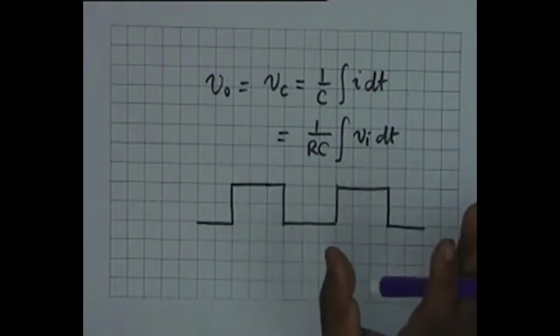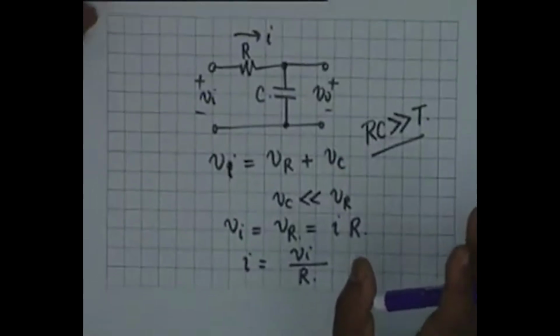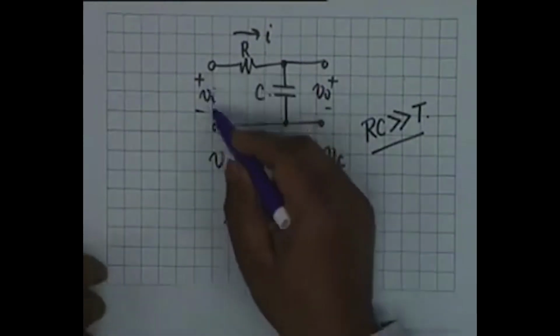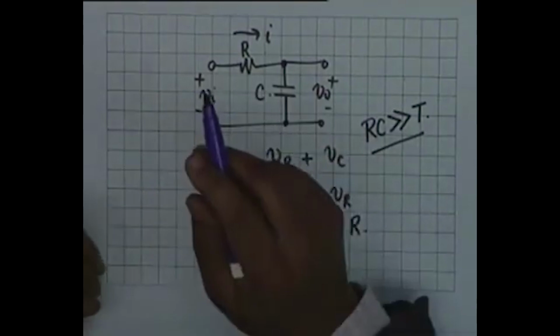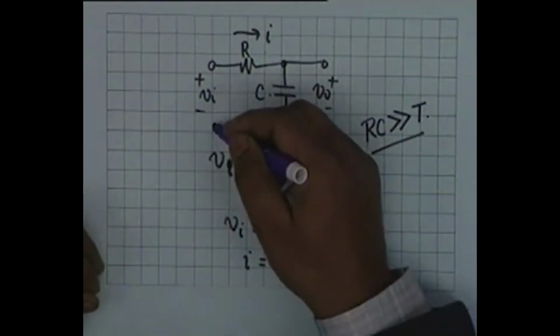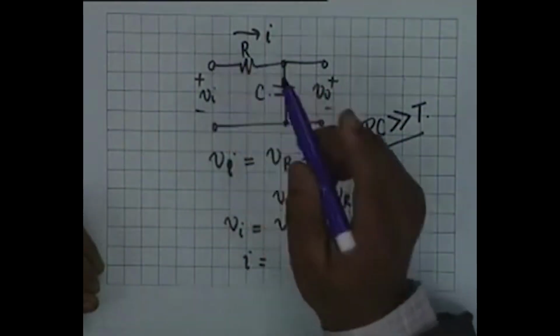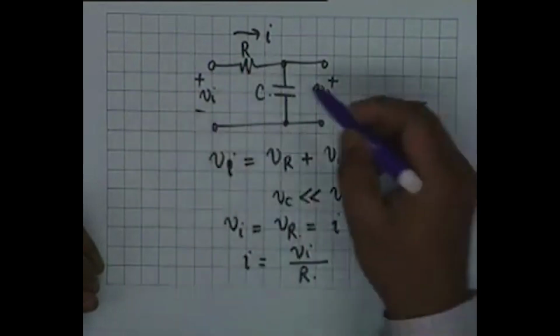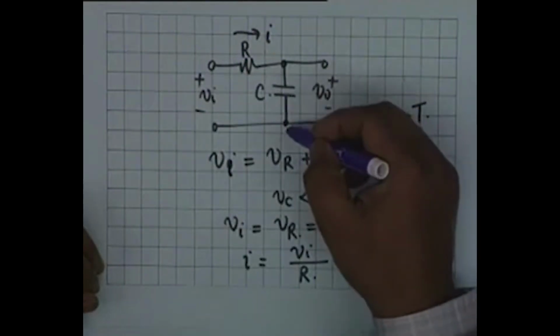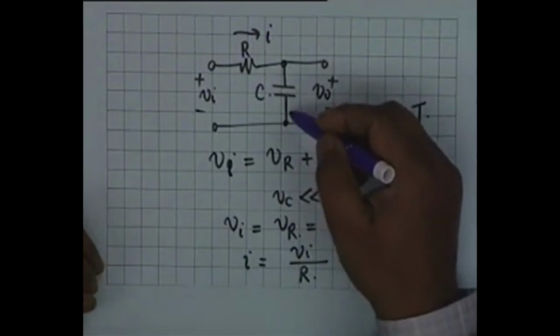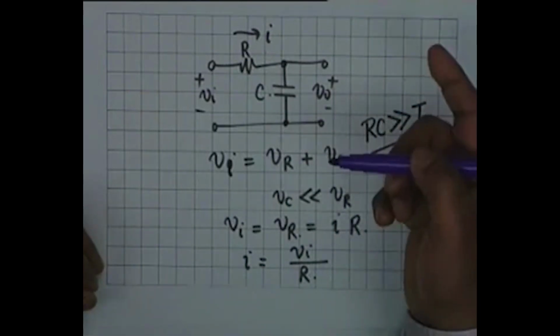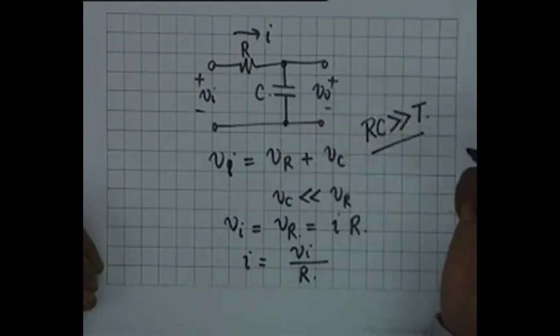Let's not go into the mathematics first. Physically, when Vi is applied, if it is a square wave, suddenly Vi rises from 0 to a value, let's say capital V. The capacitor cannot change its charge instantaneously, so the capacitor starts from 0 charge and then gradually gets charged.